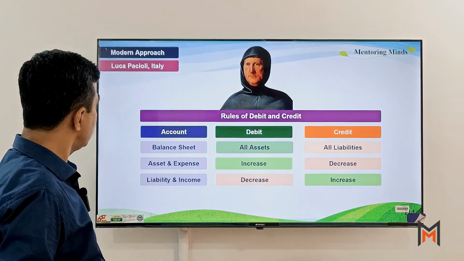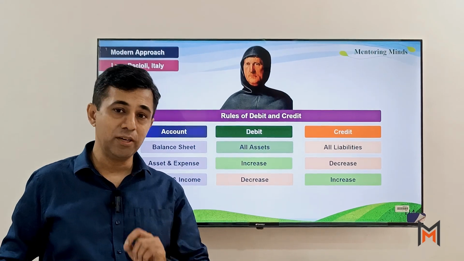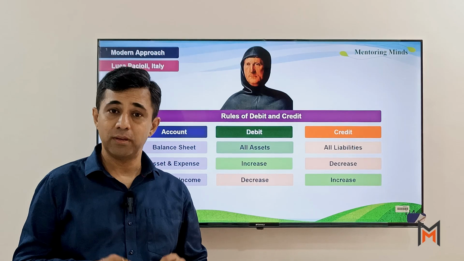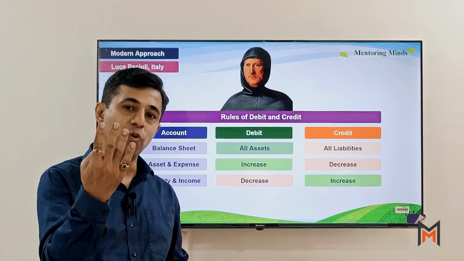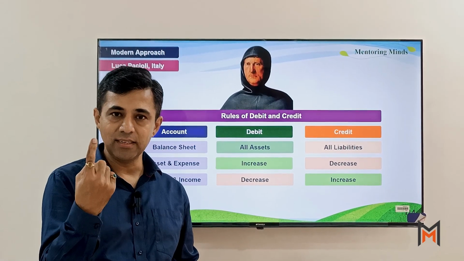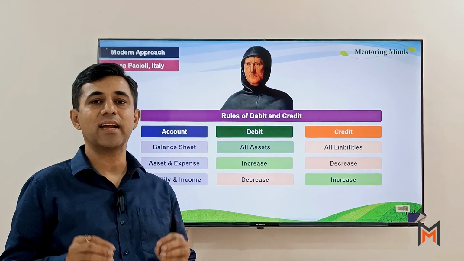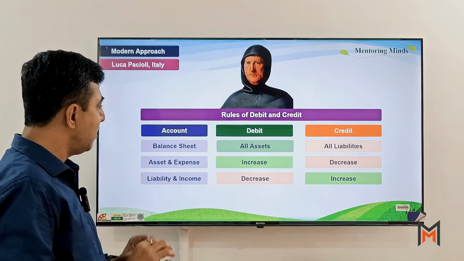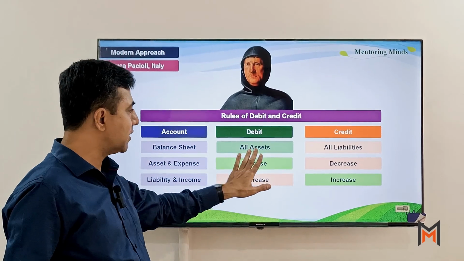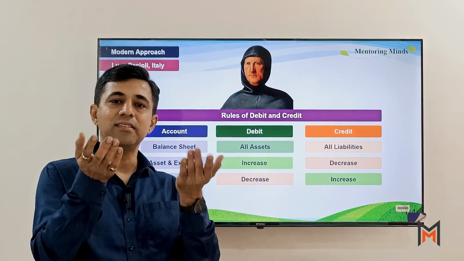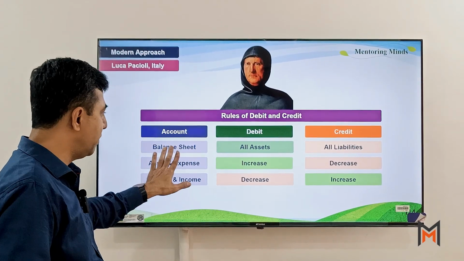Similarly, we have rules of debit and credit as per modern approach. Modern approach basically classifies the account into four categories, that is asset, liability, expense and income. So what does the rule say regarding debit and credit? It clearly says debit all assets, credit all liabilities. Whenever there is an increase in the value of asset, we are going to debit.